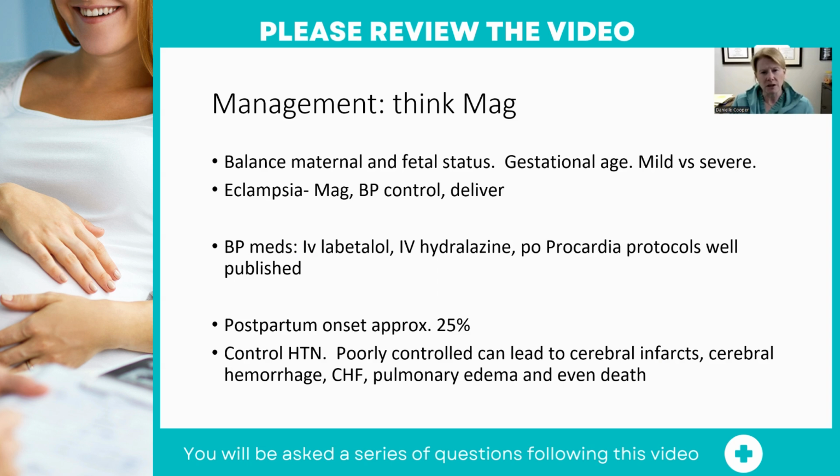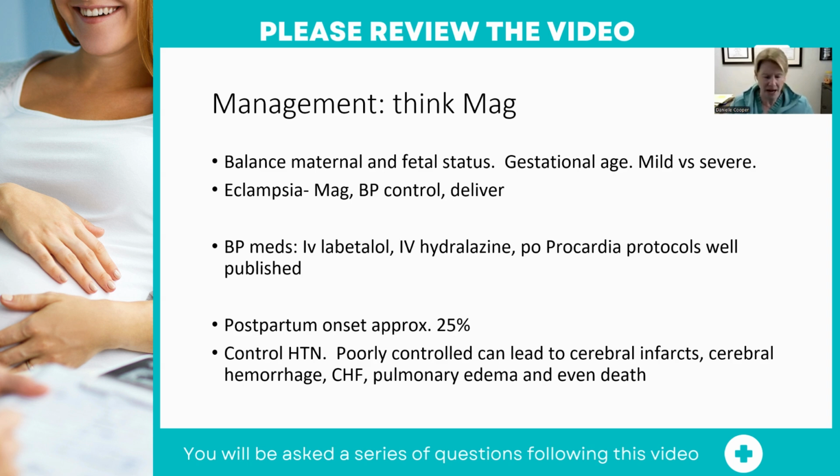Medications we use on the labor unit and would encourage you to use in the ICU: IV labetalol, hydralazine, and PO nifedipine or Procardia. They're all very well written protocols, as far as where to start, how to increase and go up on these medications if the patient continues to spike severe range pressures. Unfortunately, this disease can onset even after delivery 25% of the time, and that's odd because the treatment is delivery.